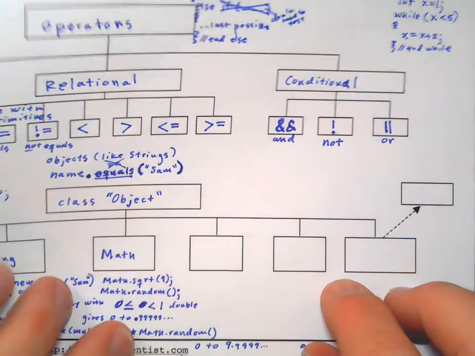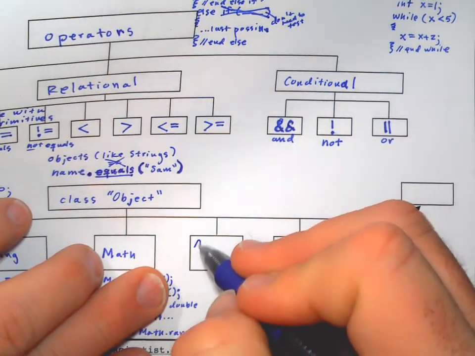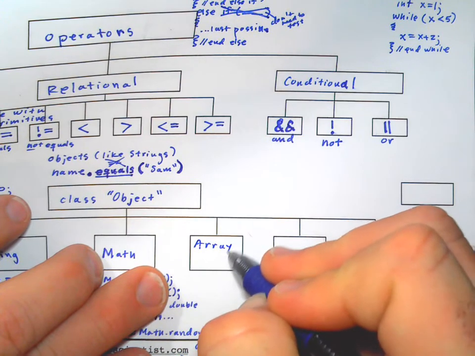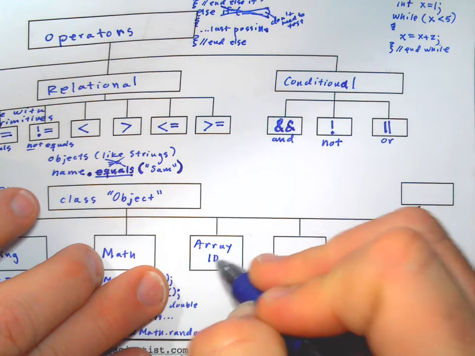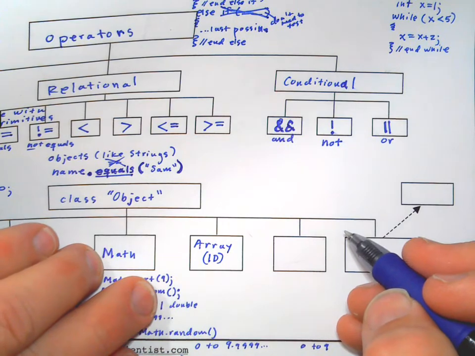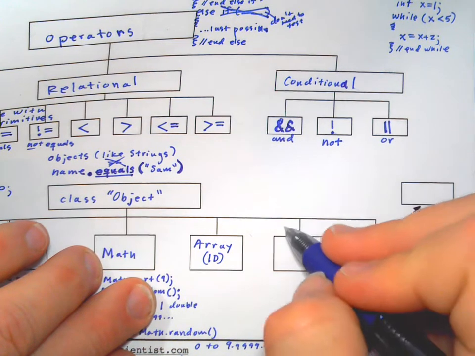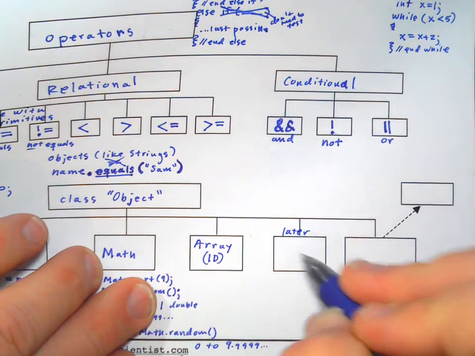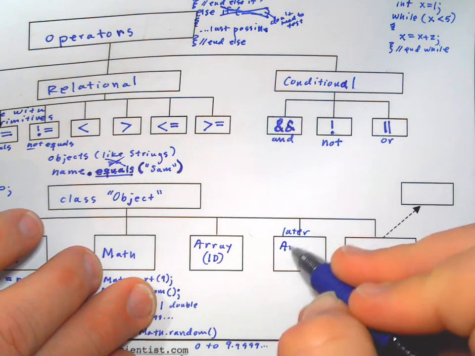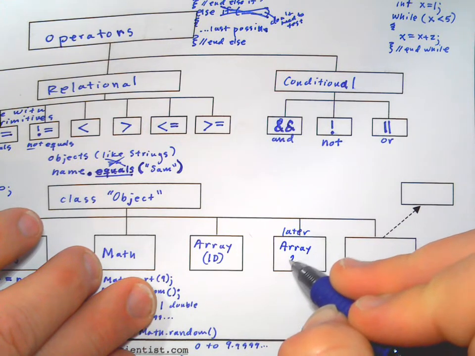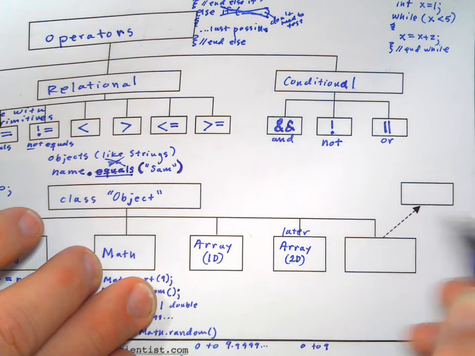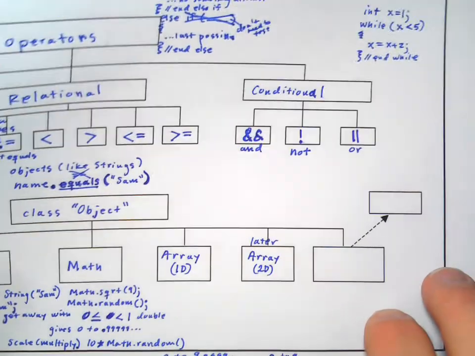Some other objects that we've been using are arrays. Specifically, one-dimensional arrays. Later, we will talk about two-dimensional arrays, which will be fun, but let's get the hang of one-dimensional arrays first.